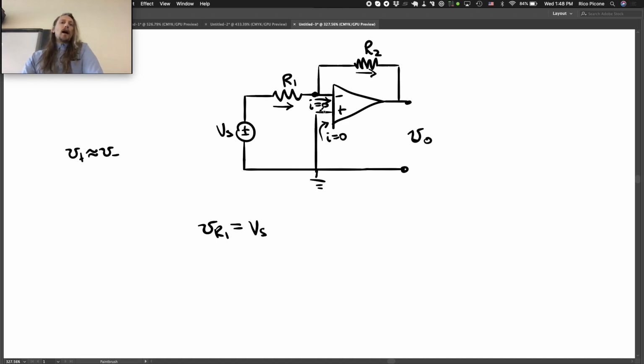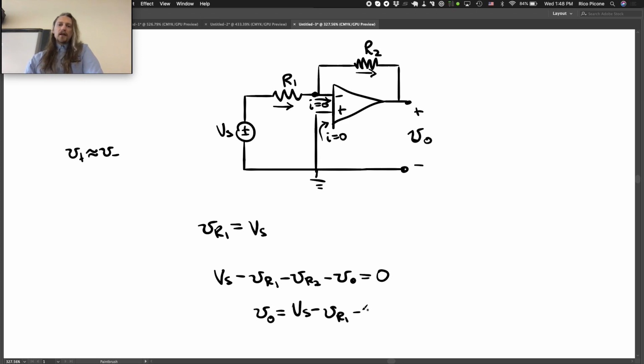Great. Now we can look and see, we want to see V out. If we write the loop equation, the KVL equation for this outer loop here, we have Vs minus VR1 minus VR2 minus V out equals 0, or equivalently V out equals Vs minus VR1 minus VR2.